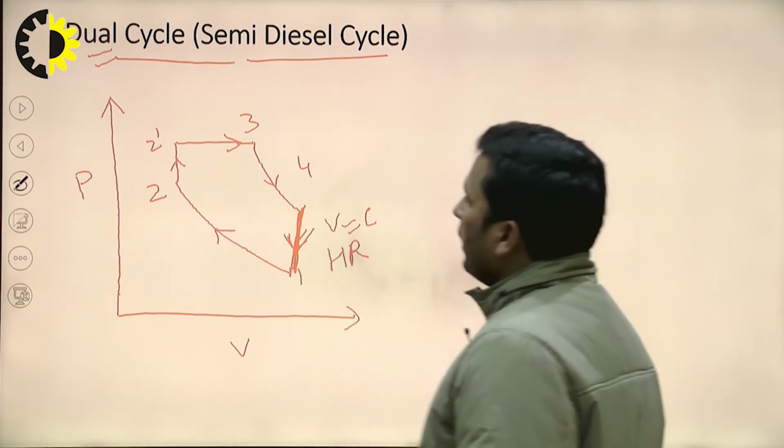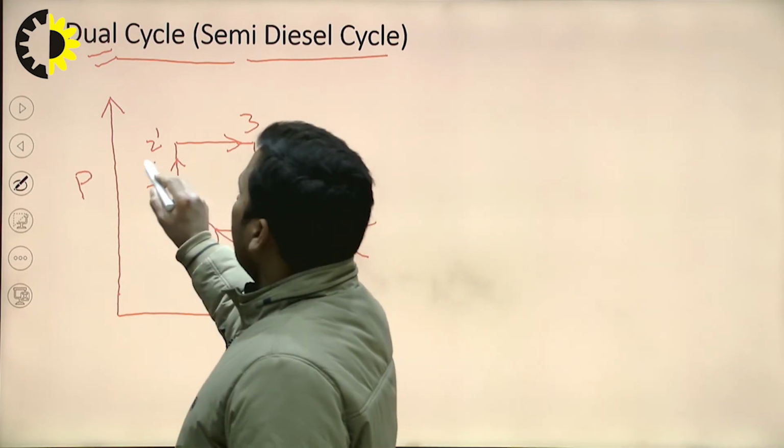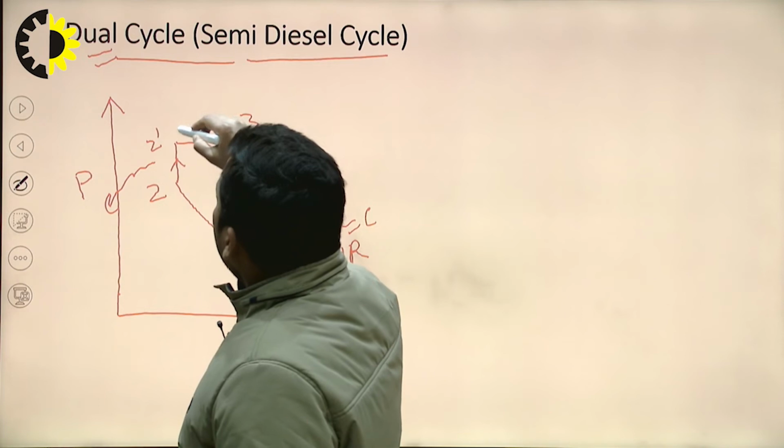So in this cycle, in the PV diagram, heat addition takes place at constant volume and at constant pressure.